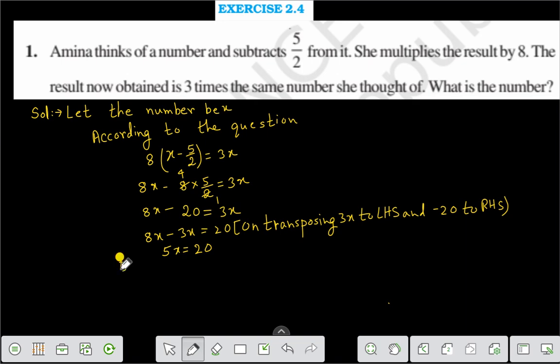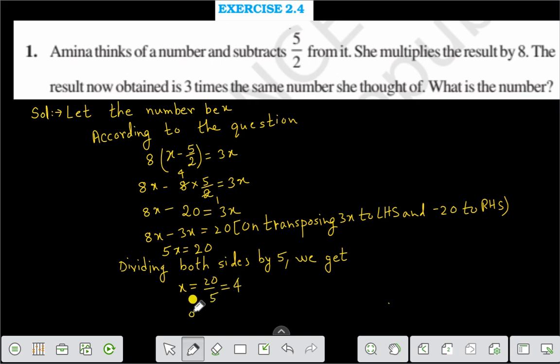Dividing both sides by 5, we get 5x by 5, that is equal to x, and 20 by 5, that is equal to 4.